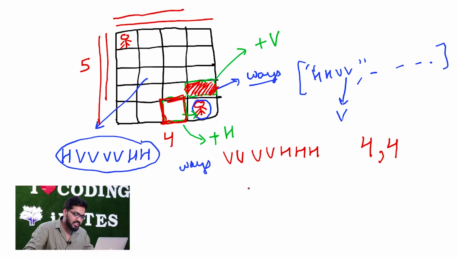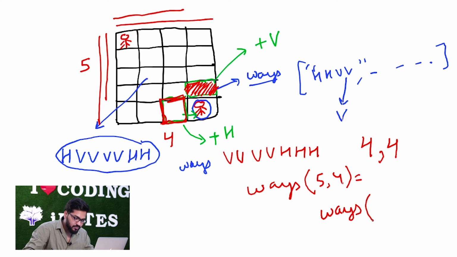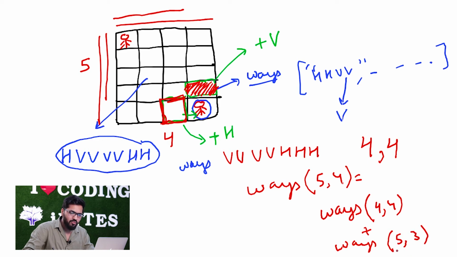What this means is, let's say we have a function ways. So for ways 5, 4, the answer is going to be ways 4, 4, in all these ways we will add V, plus ways 5, 3, and obviously we will add H to all of them. So this is how we are going to reach our answer.